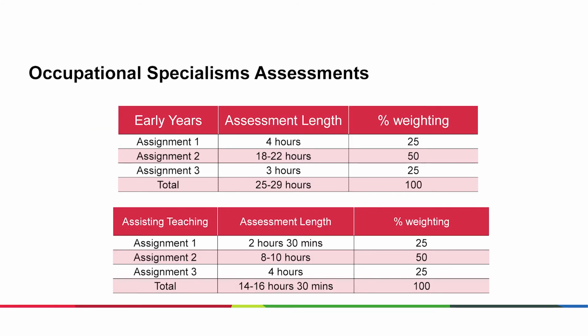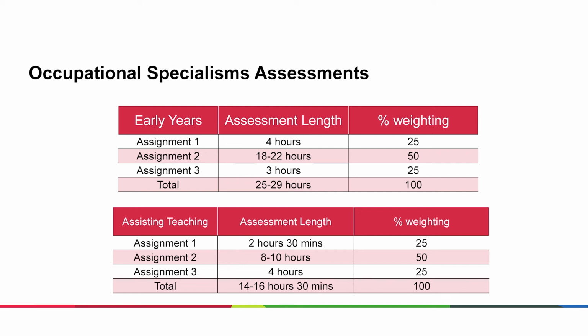So let's move on now to take a closer look at the occupational specialisms. There are currently 2 occupational specialisms, early years and assisting teaching. The students will select one occupational specialism in this part of the programme, and theory and practice now really do begin to come together.